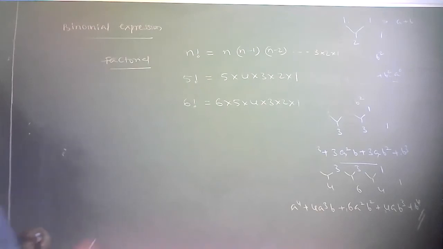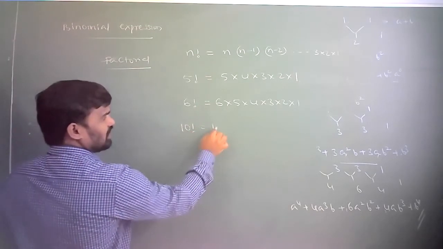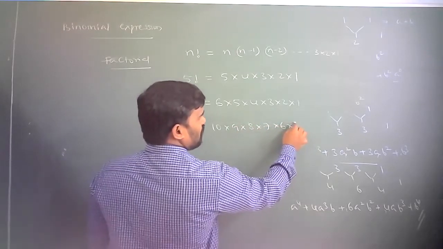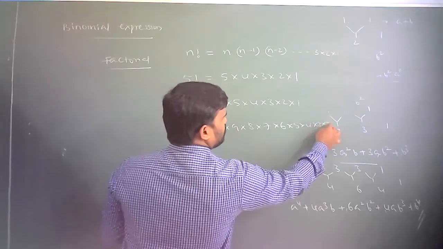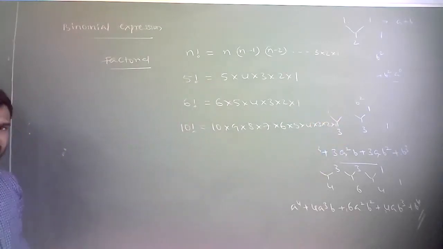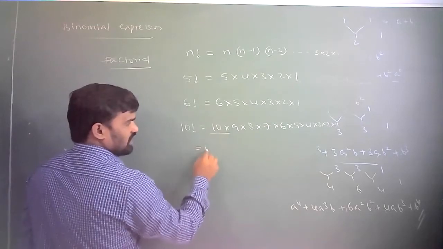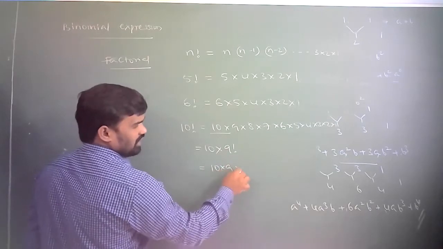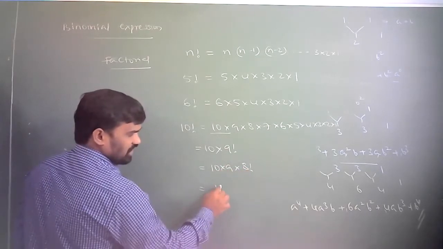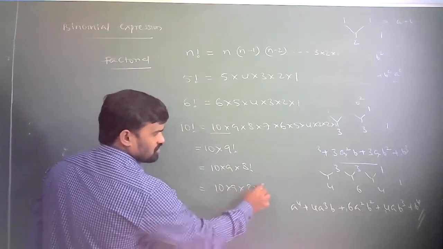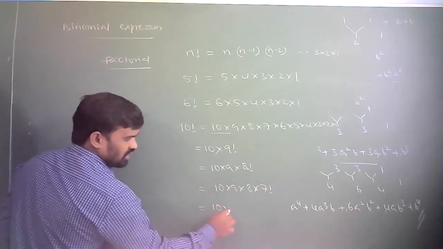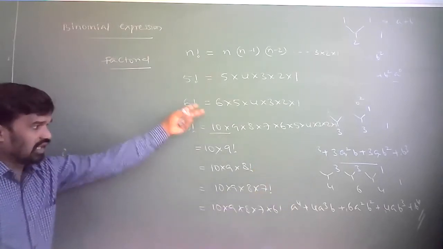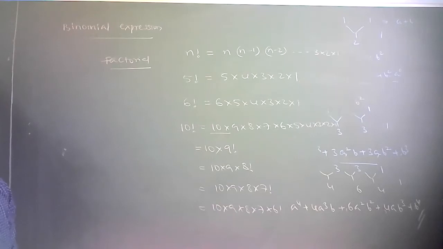If it is 10 factorial, 10 into 9 into 8 and so on down to 1. This 10 factorial we can also write as 10 into 9 factorial, or 10 into 9 into 8 factorial, or 10 into 9 into 8 into 7 factorial, or 10 into 9 into 8 into 7 into 6 factorial. Like that, we can expand this.